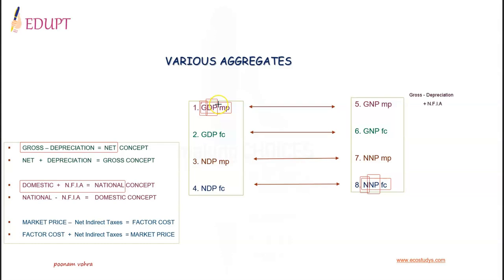Further, GDP is at market price, whereas NNP is at factor cost. The relation between market price and factor cost is net indirect taxes. Market price is given. To get factor cost, you need to deduct net indirect taxes.